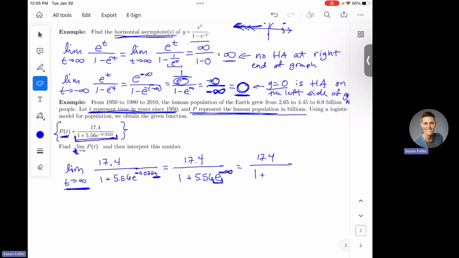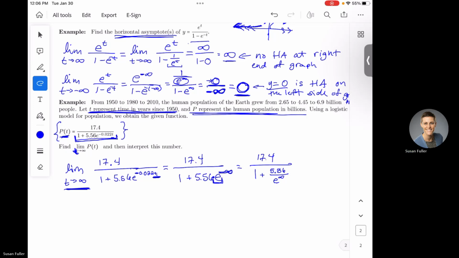Without parentheses, the exponent applies only to the thing in front of it. So the 5.56 is going to stay put, and that e to the negative infinity gets pushed over the division bar into a fraction.